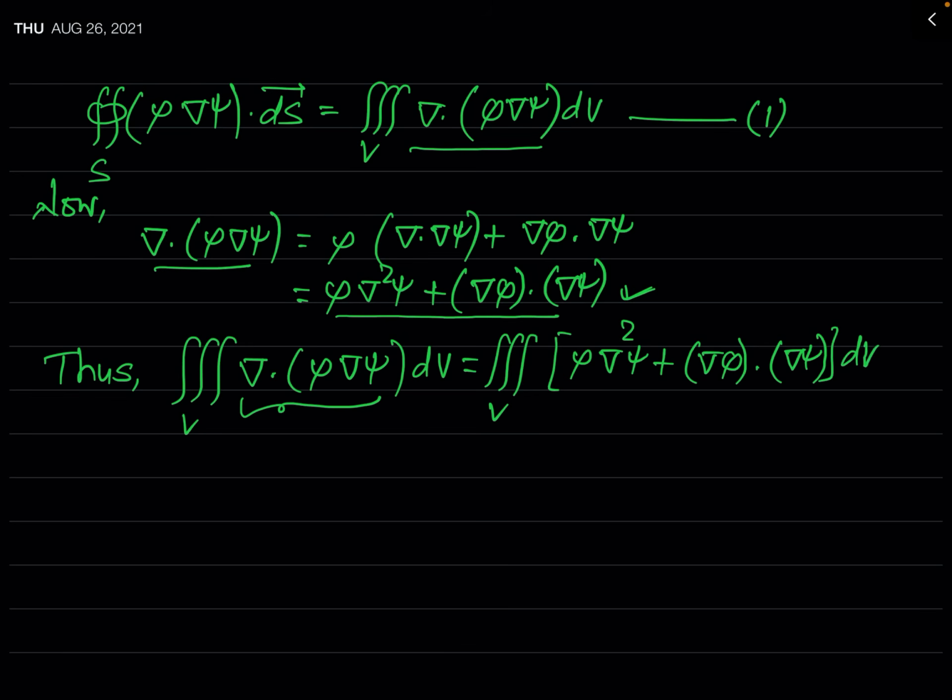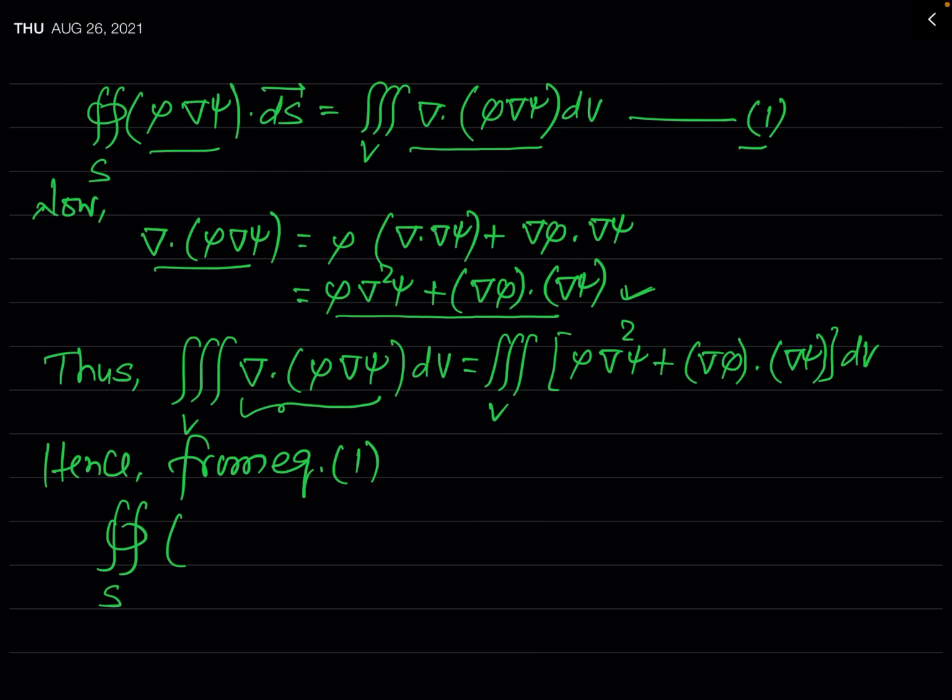And so from this equation 1 you can see that this normal surface integral will be equal to this much. So you can say hence from equation 1 you can write integral over S of phi del psi dot dS.